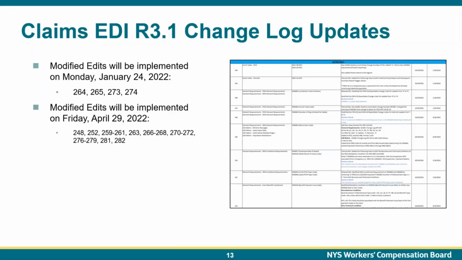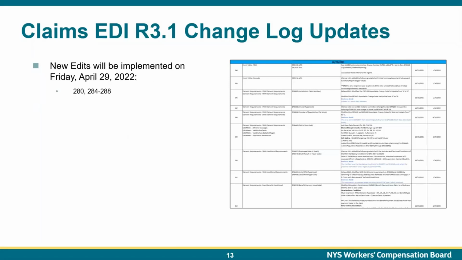And that covers all the changes on this slide. So in addition to the changes I just read to you for April 29th, 2022, we also have 280, 284, 285, 286, 287, and 288, which are all modifying changes and modifications for DN0442 net to zero. And that is all I have, Patty.